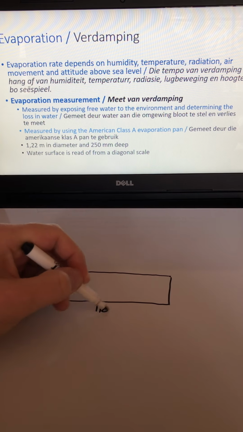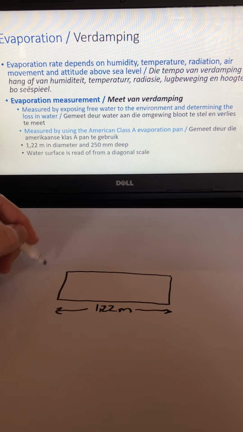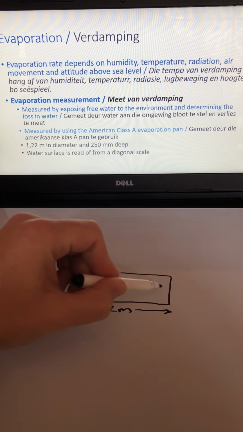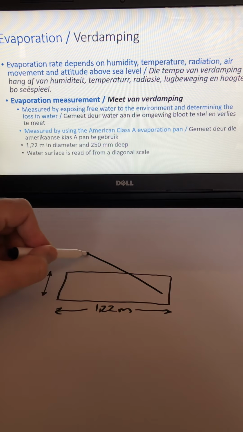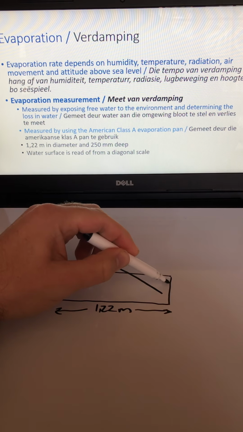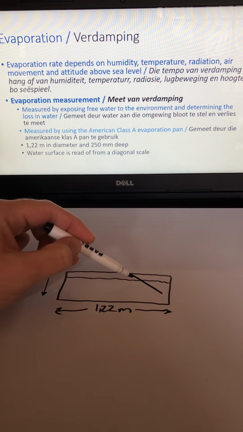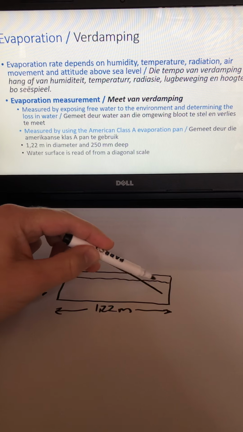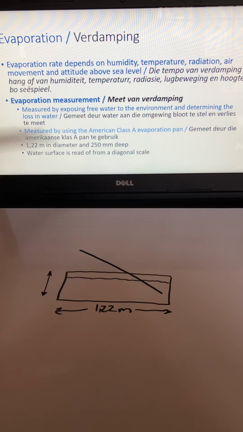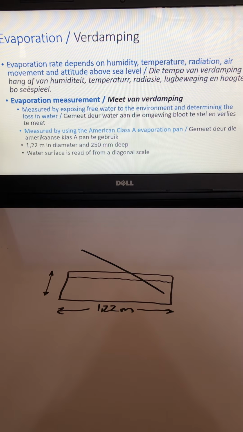So it is 1.22 meters in diameter and 250 millimeters deep, and it has a diagonal scale, something similar to a ruler. So water will be in this pan, and as this water evaporates, the quantity of water gets less, and the value that you read off from this scale becomes less and less.